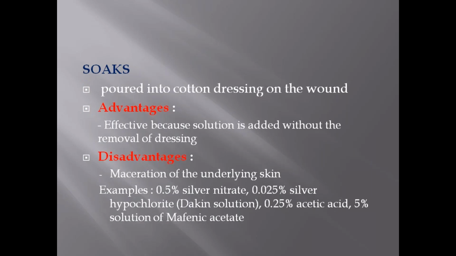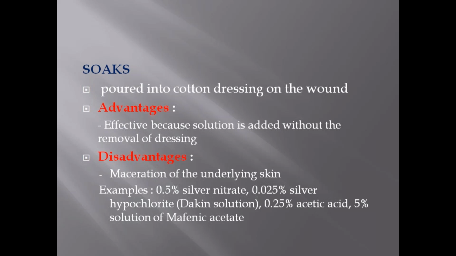Coming to soaps, once dressing is done, these soaps can be poured over the dressing only. So this is the advantage. We need not remove the dressings so many times, unlike the salves. So in soaps, it is poured onto the dressings on the wound. Advantages: effective because solution is added without the removal of dressings. So what are the disadvantages?